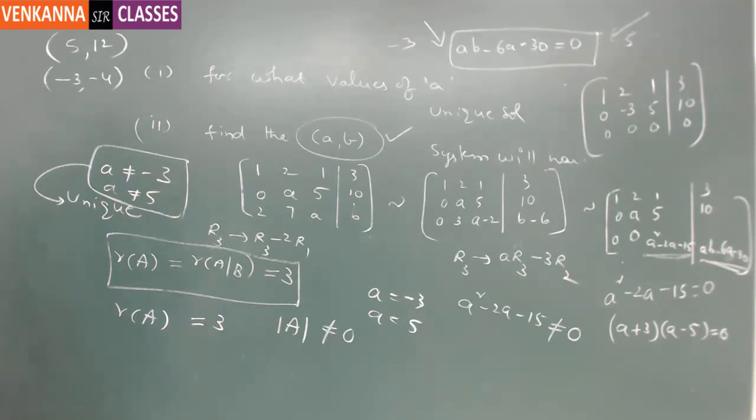So let us move to some problems based on homogeneous systems, that is the Ax equal to 0 concept. Do you have any other queries with regard to the non-homogeneous system? How to solve this? How to determine the values of A and B or lambda and mu to have consistency, etc. Do you need any elaboration over this part?